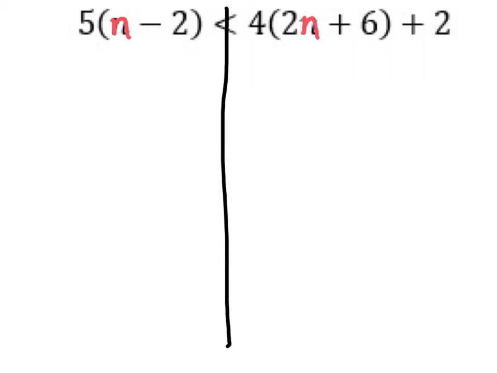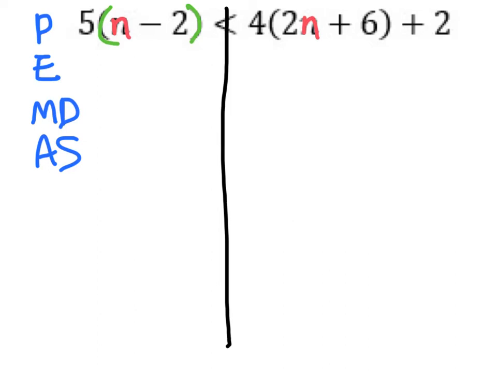Okay, to simplify, I'm going to follow the order of operations. And I can see on the left-hand side my parentheses are not able to be simplified because I have n minus 2, a constant and a variable, and they cannot be combined. No exponents. I do have a multiply.